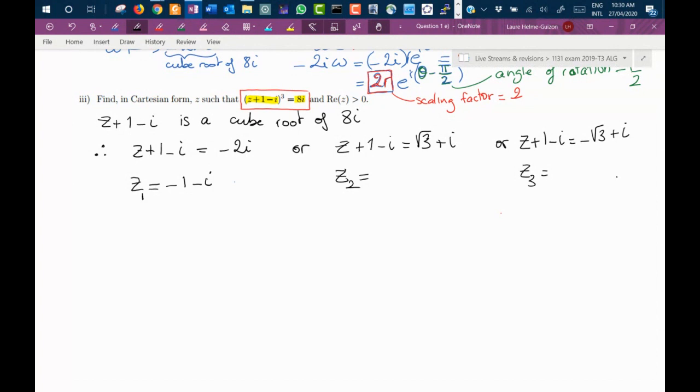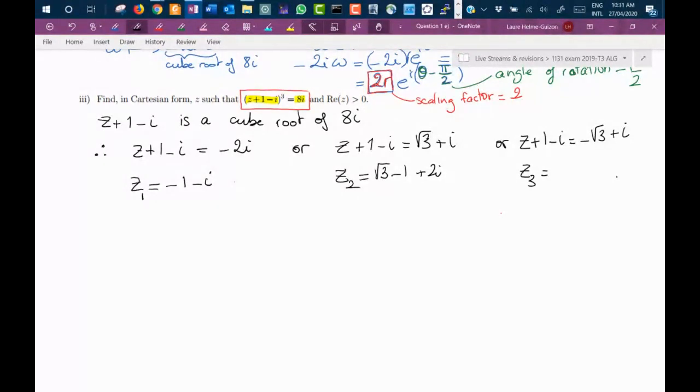So you said square root of 3 minus 1 plus i. Yes, so this 3 is on the right side. I subtract 1 from both sides, plus 2i. And what do I get for Z3? If you did Z2, you can do Z3. So square root of 3 plus 1. I was getting something different.